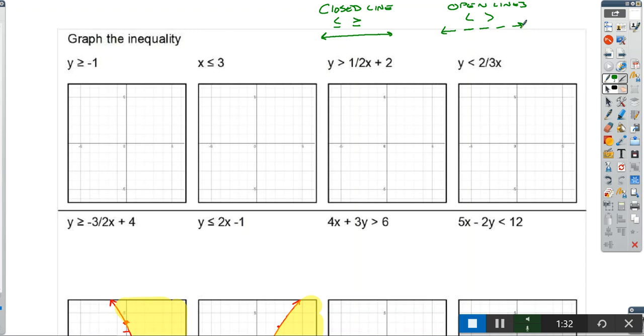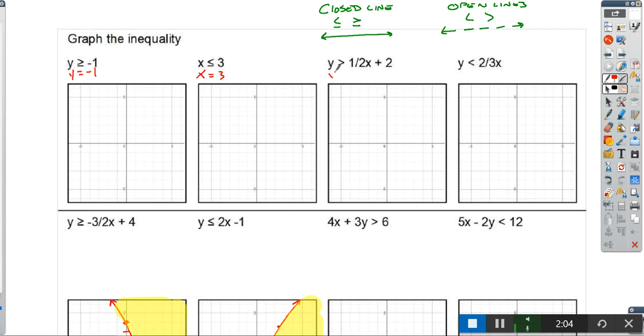The first thing I'm going to do is assume each one of these is an equality so that I can determine my boundary line. So I'm going to assume that this is actually y equals -1. For this one, I'm going to assume that x is equal to 3.